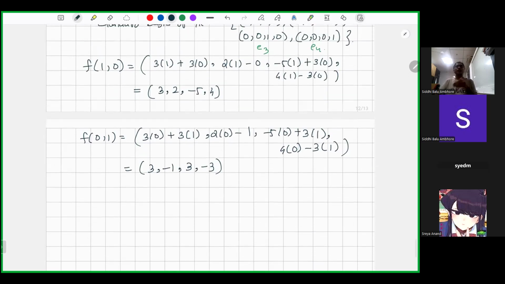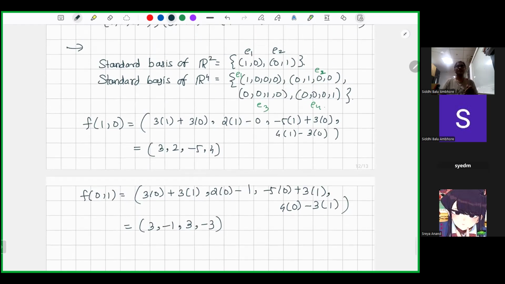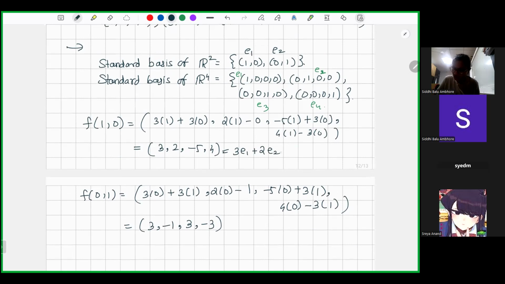So this is my image, and if I want to write this as a linear combination of these E_i's, this will be 3E1 plus 2E2 plus minus 5E3 plus 4E4, right? I hope you understand.